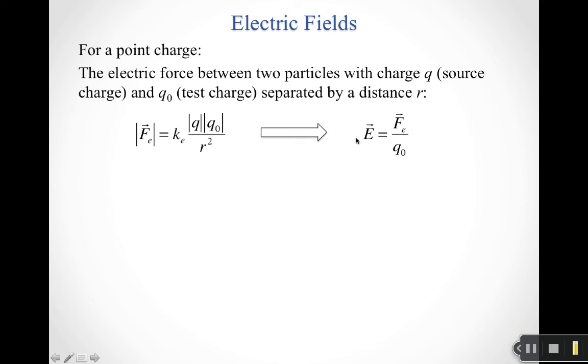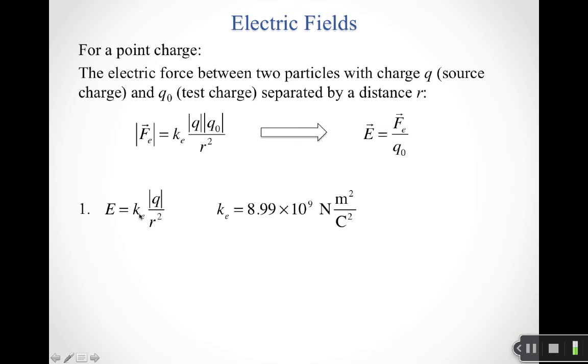Here's what I know from Coulomb's law about the magnitude of that force. Here's what I know about how the electric field will relate to that force. And so this tells me a couple of things. One, I'm just dividing out the contribution of that charge. And since we're probing the electric field with a positive test charge, it doesn't really matter whether or not this is in absolute values.